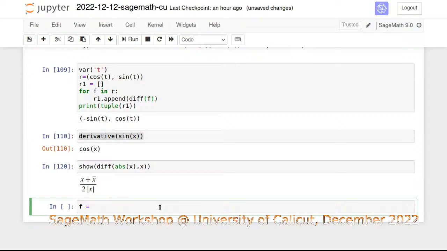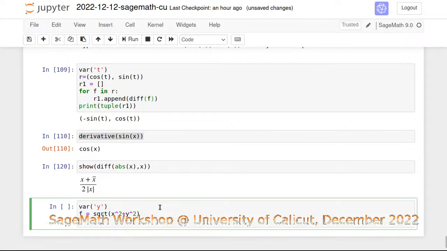F equal to square root of x square plus y square. x and y are already defined as variables. So we need to differentiate f with respect to x.